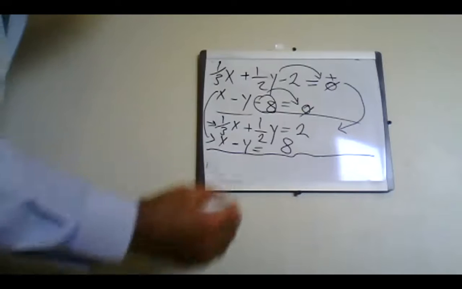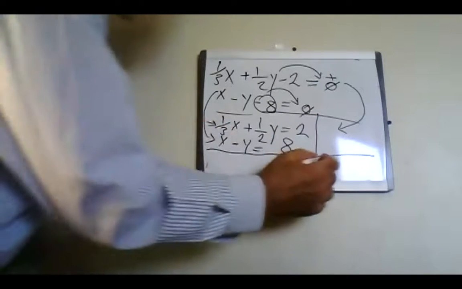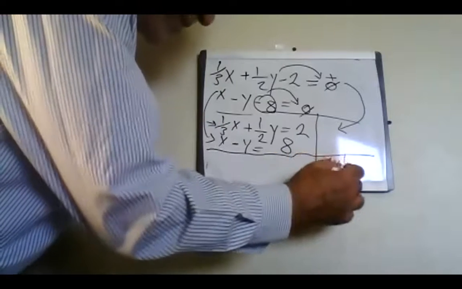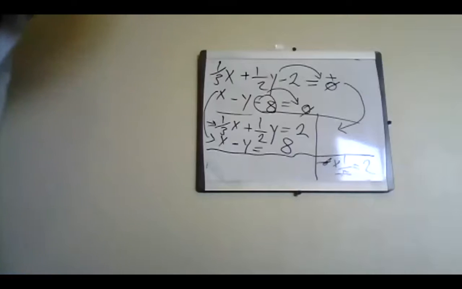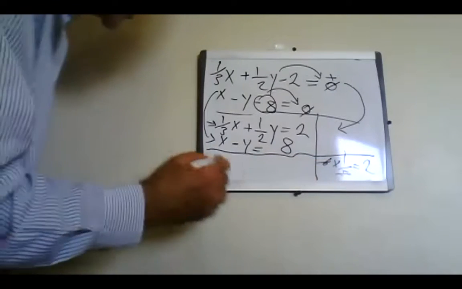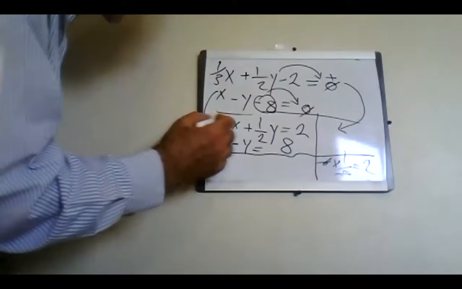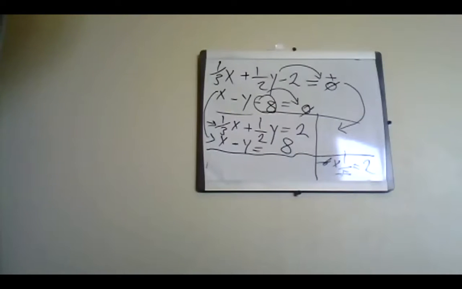Let's do it this way. I will multiply the whole equation by 6. Why 6?